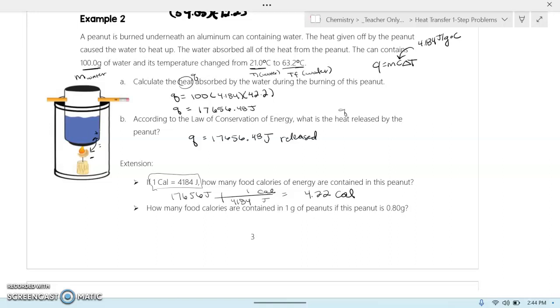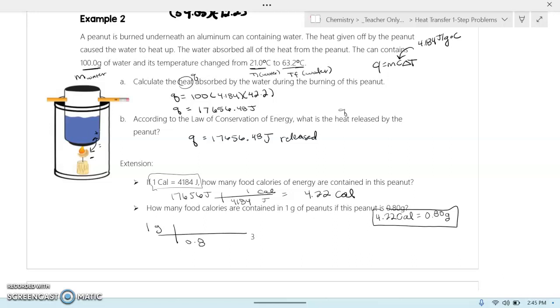Now the next part says this peanut is 0.80 grams. So this is our sample. So we're going to use that as another conversion factor for this next part. Our whole sample was 0.8 grams. We just calculated that sample is 4.22 Calories. So there's another conversion factor we have. We want to know how many Calories are in 1 gram of peanuts. So that's our given.